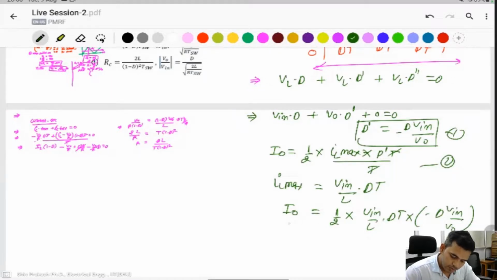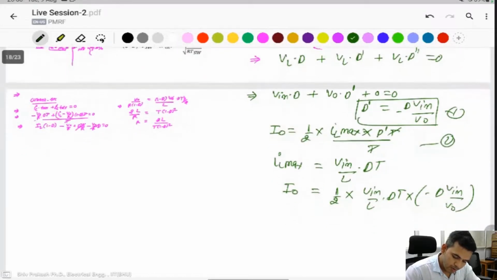Equals I naught is equal to V naught by R, into V in divided by 2L into d square by V naught.